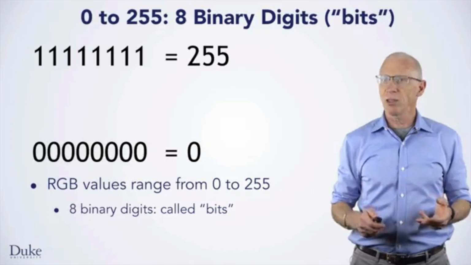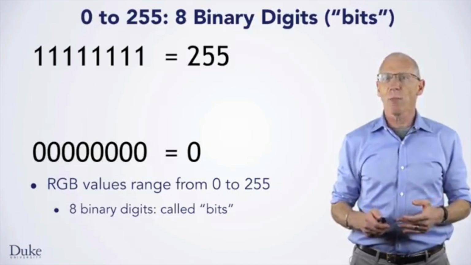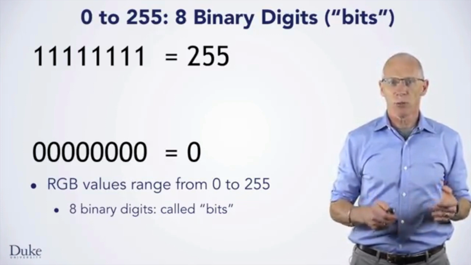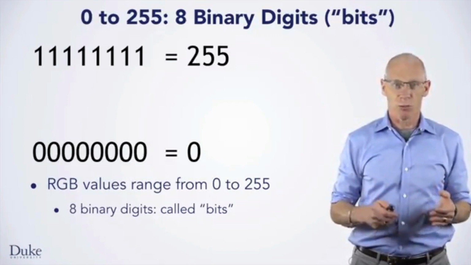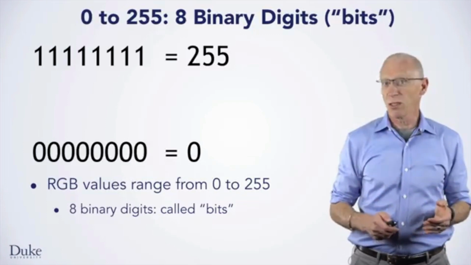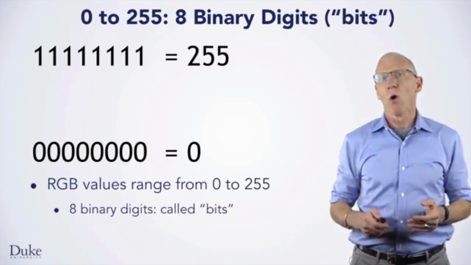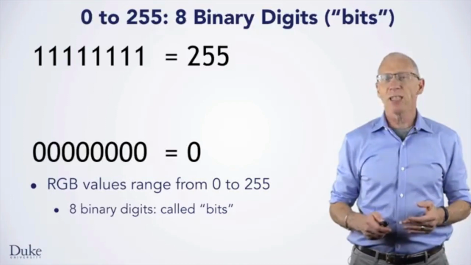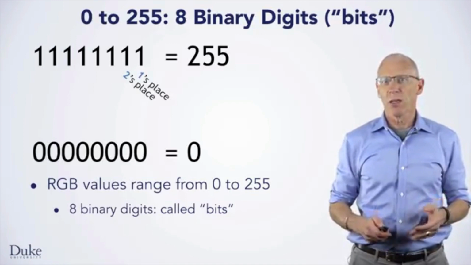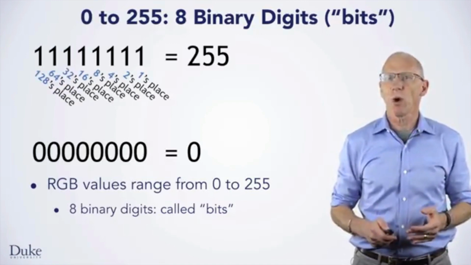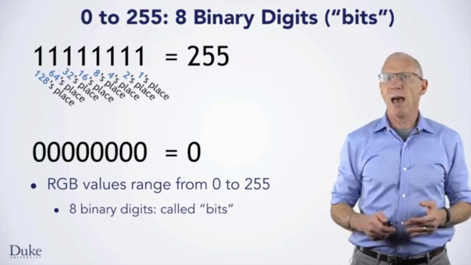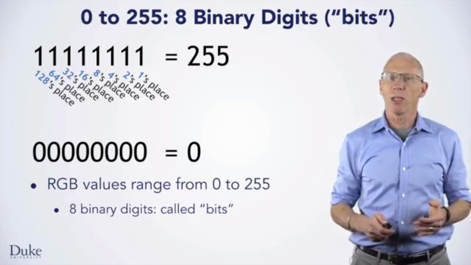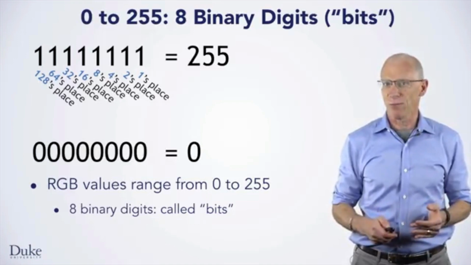With 8 digits, or 8 bits, a number can range from 0000 0000, which is the decimal number 0, to 1111 1111, which is decimal 255. These 8 bits are in the ones place, the twos place, and so on up through the 128th place. If you were to add up all these place values, you would get 255.